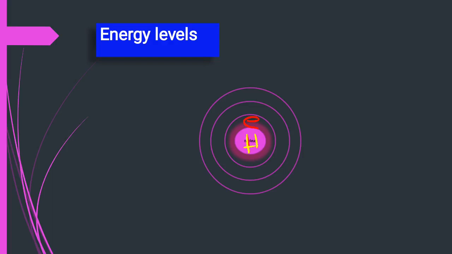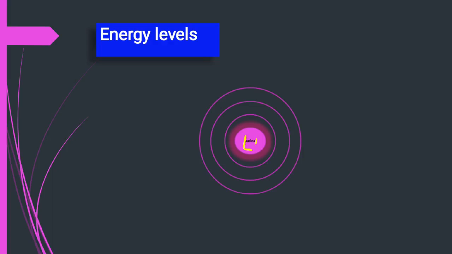Now if we get to lithium, lithium has 3 protons. What does that tell you? The number of protons is always equal to the number of electrons, and therefore lithium has 3 electrons.